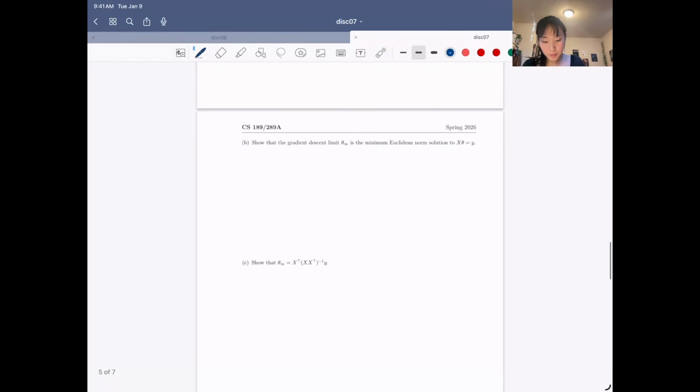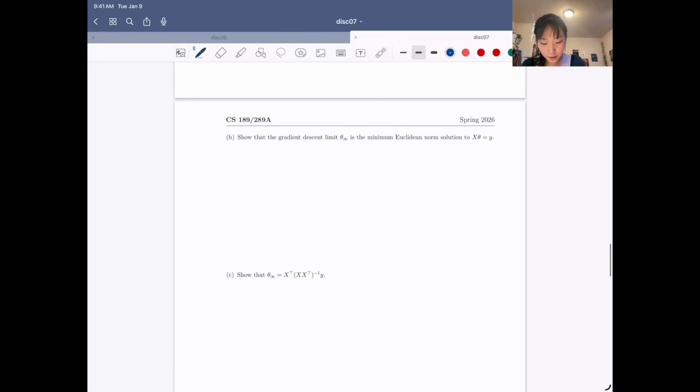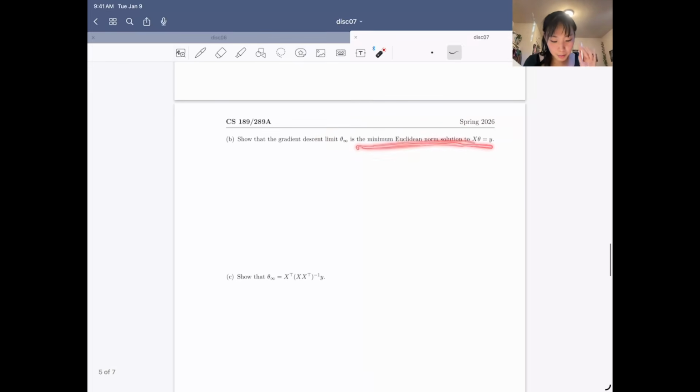Basically in part B, we say, show that the gradient descent limit, so as we take more and more iterations, running the iterative algorithm multiple times until we go to theta infinity, the thetas that minimize our loss are actually the minimum Euclidean norm solution to X theta equal to y.